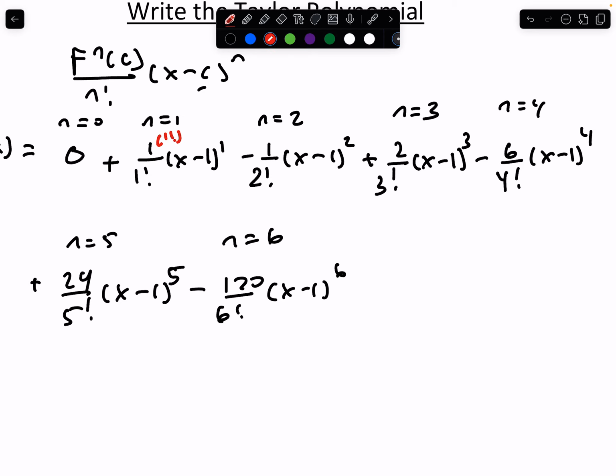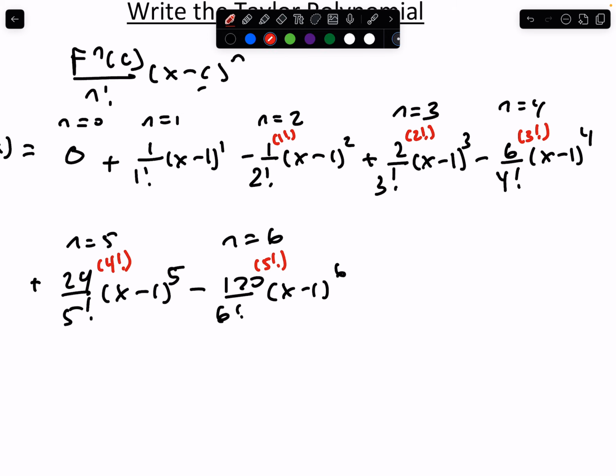This is 2 factorial, 3 factorial, 4 factorial, and here's 5 factorial. Now, this is also 1 factorial, and this was actually 0. Yeah, that's just 1.